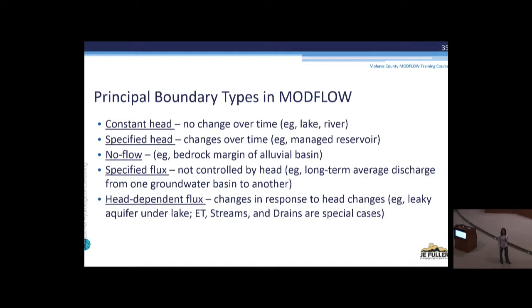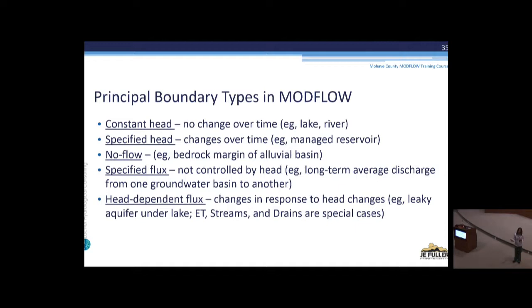And this is a little different, too. This could be, in some cases, like in the San Pedro Basin, the downstream end of the basin is really a bottleneck where groundwater is squeezed into a narrow area and then it flows into the next basin. And that is simulated as a specified flux, which means no matter what happens inside the upper San Pedro Basin with pumping, with recharge, whatever, that rate of discharge out of the basin stays constant because the model is told to keep it constant.